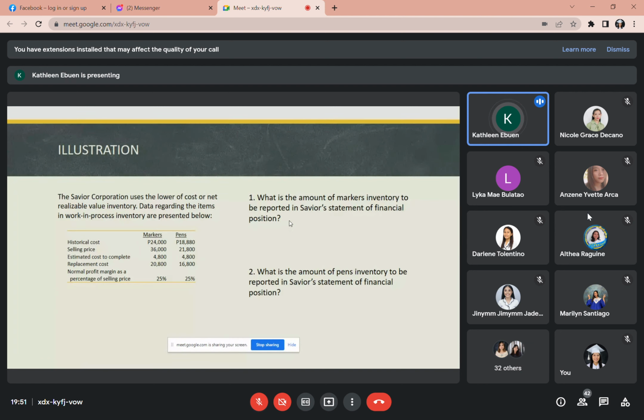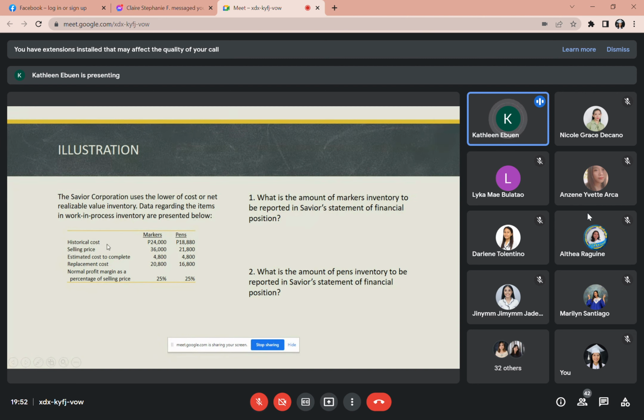Okay, so try natin itong Savior illustration. So the Savior Corporation uses the lower of cost or net realizable value inventory. So data regarding the items in work in process inventory are presented below. Okay, we have the markers inventory tsaka pens inventory.